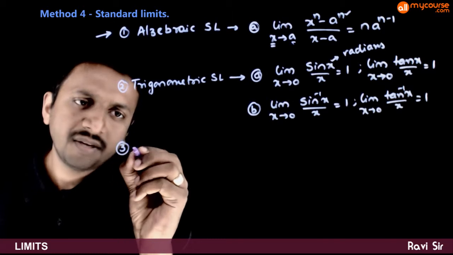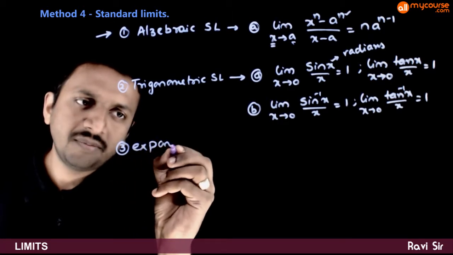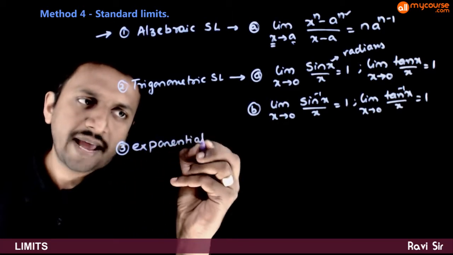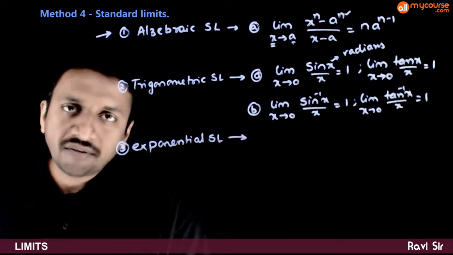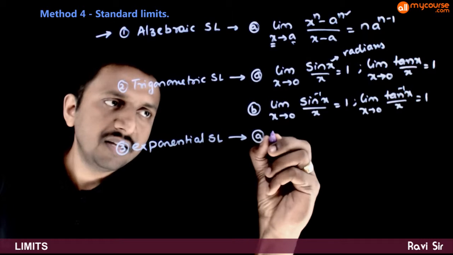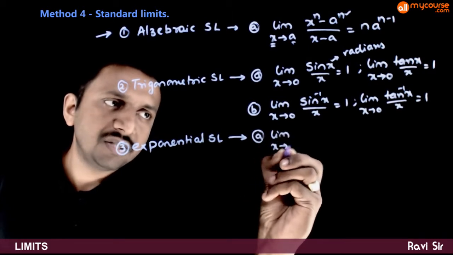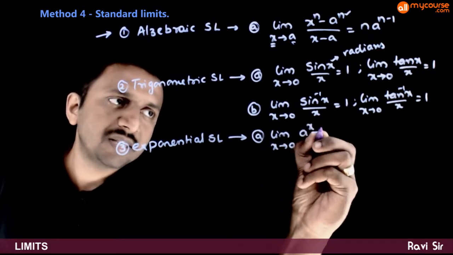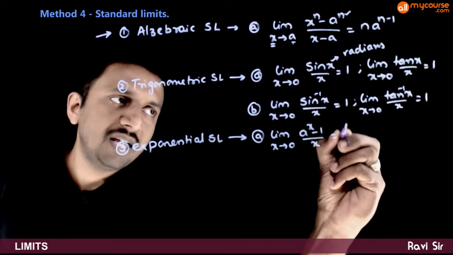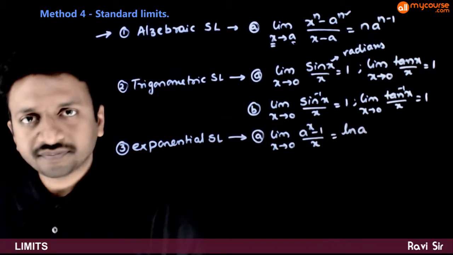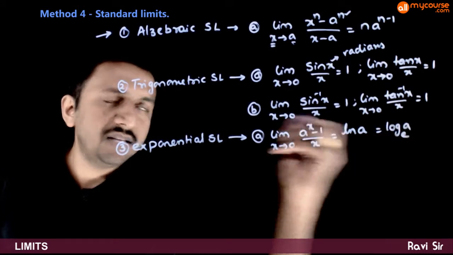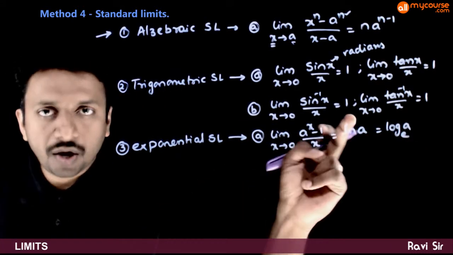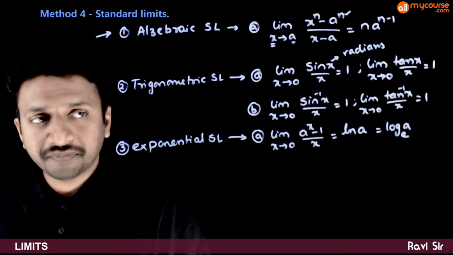Then you have exponential standard limits. In this you have 2 formulas. Limit x tends to 0 a power x minus 1 by x is equal to ln a, or log a to the base e. Ln means log to the base e, natural logarithm.